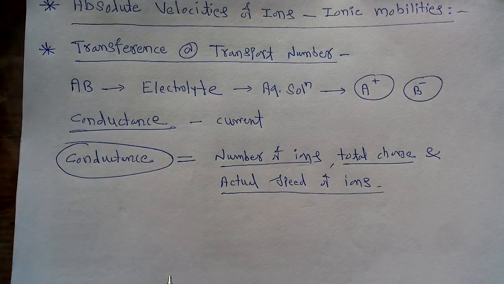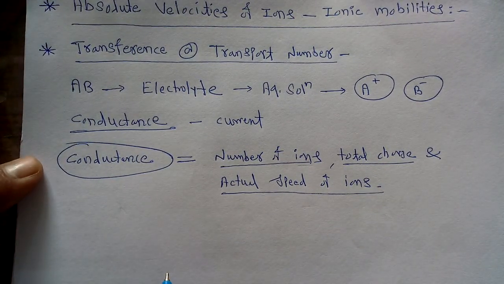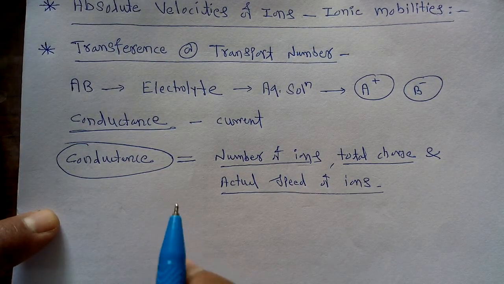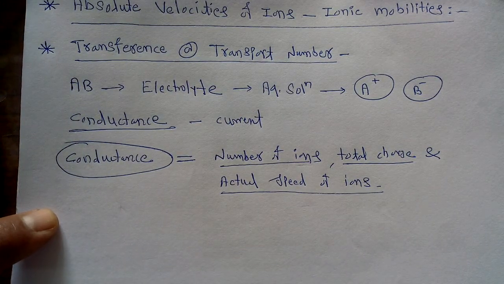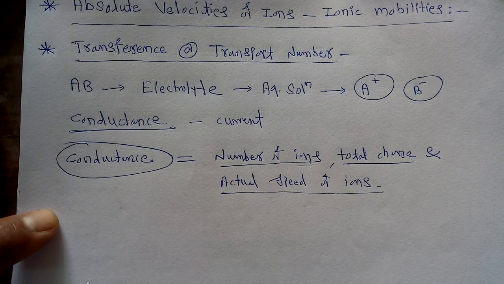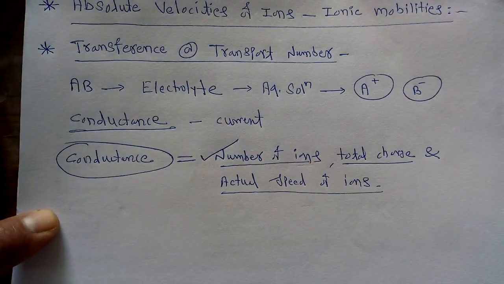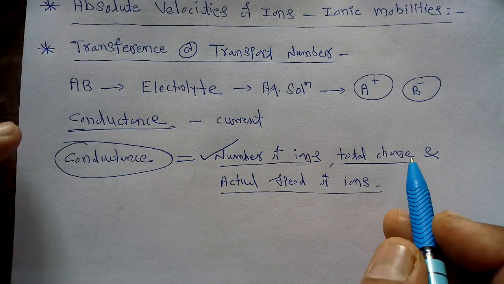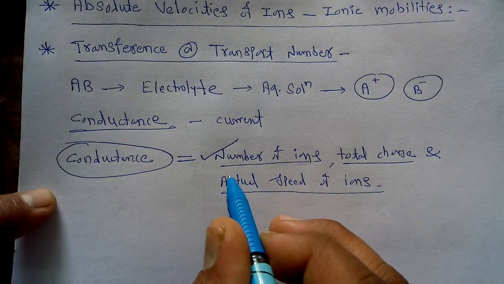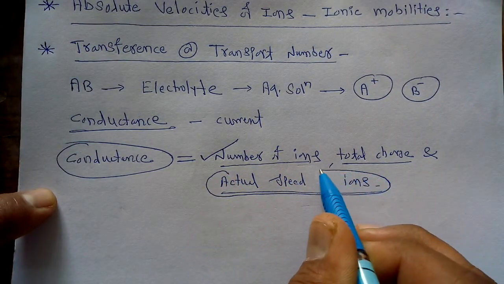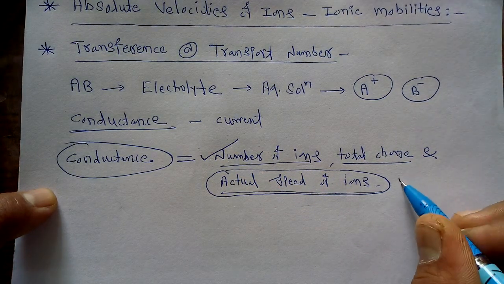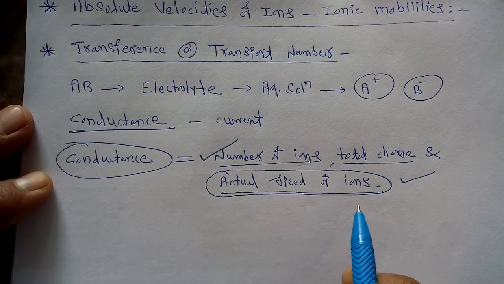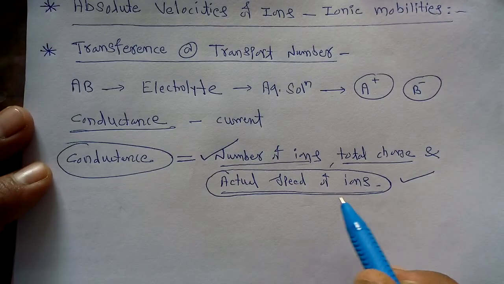In a dilute solution, the total charge is constant, because at high dilutions the total number of cations is equal to the total number of anions. So the total charge present in the solution remains constant. That's why the remaining factor, the actual speed of ions, is very important as far as the conductance or the current carrying capacity is concerned.